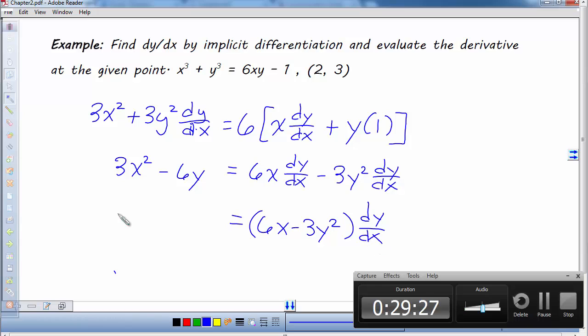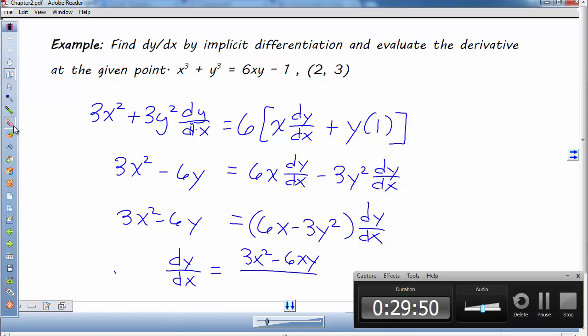And we get dy dx equals 3x squared minus 6xy over, or rather 3x squared minus 6y over 6x minus 3y squared.